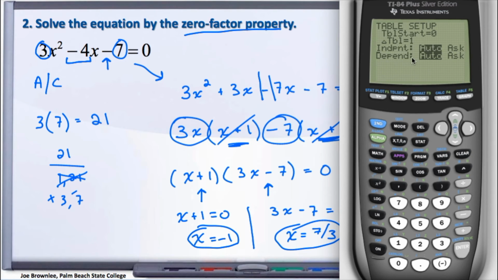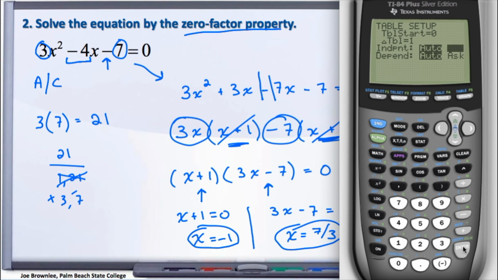These come into play when we are actually graphing and entering an independent or dependent variable. And right now my calculator is saying that the independent is set to auto and the dependent is set to auto, but I want the independent to be set on ask.